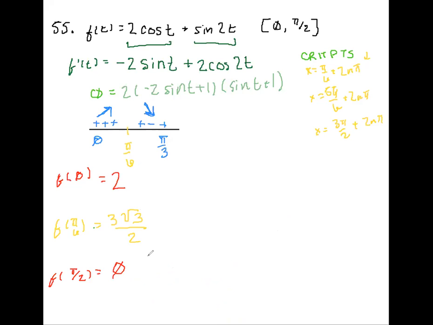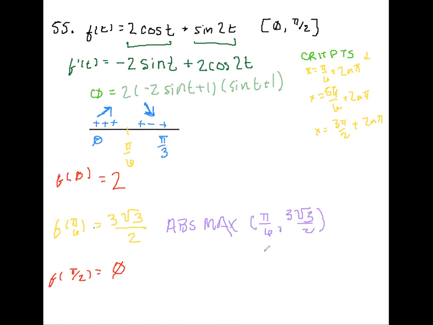Based on this, what is my absolute minimum and what is my absolute maximum? Yes. My absolute max is the point pi over 6, 3 root 3 over 2.